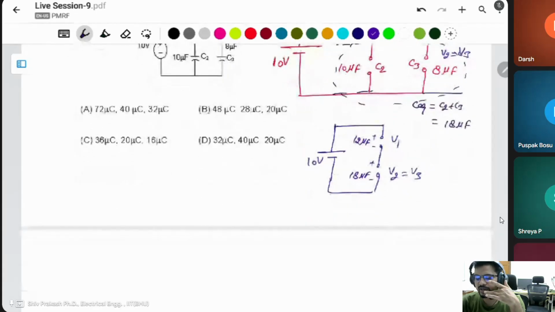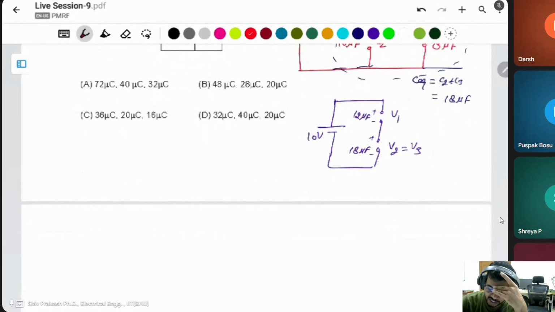We have to apply the voltage divider for capacitors. Voltage divider for capacitors is the opposite of that for resistors and inductors. What is the value of V1 in this case? V1 is equal to the total voltage 10 volt, and then in a resistor it is the same resistance, but here it is the opposite, so we take the opposite of this one, which is 18 microfarad, divided by the total 18 plus 12, which is 30. 10 3s are 30 and 3 6s are 18.